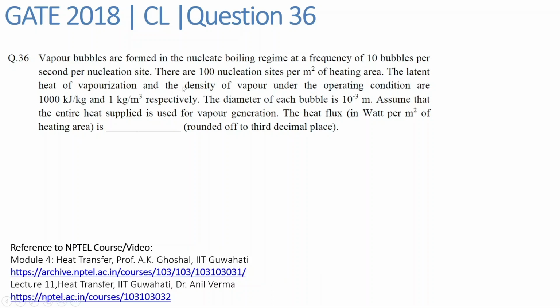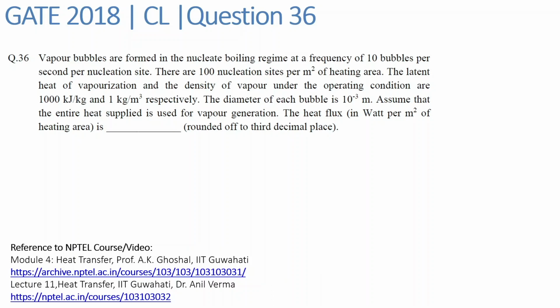The latent heat of vaporization and density of vapor under operating conditions are given as 1000 kilojoule per kg and 1 kg per meter cube respectively. The diameter of each bubble is 10 raised to minus 3 meter. Assume that the entire heat supplied is used for vapor generation. The heat flux in watt per meter square of heating area is dash.